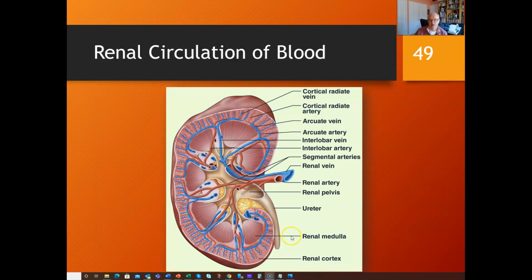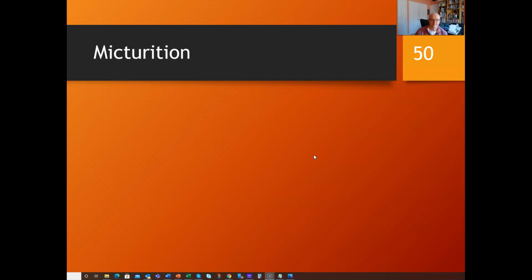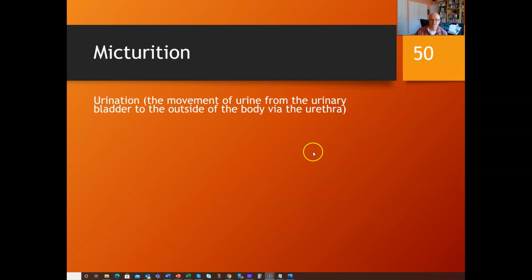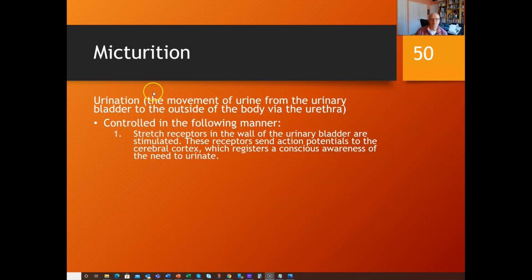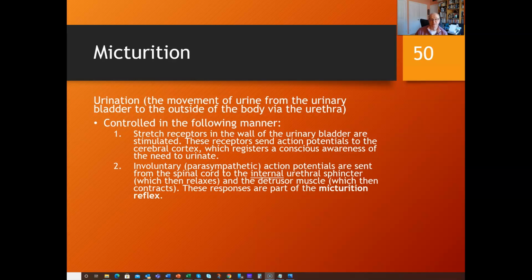So there they all are, very pretty, and if you were in class, we would do a beautiful lab that shows all of those. Micturition is peeing, basically. And it's controlled by, first of all, you need to know when you want to go to pee, because stretch receptors send messages to the brain saying, hey, we better pee soon. And you go, oh, I better pee soon.